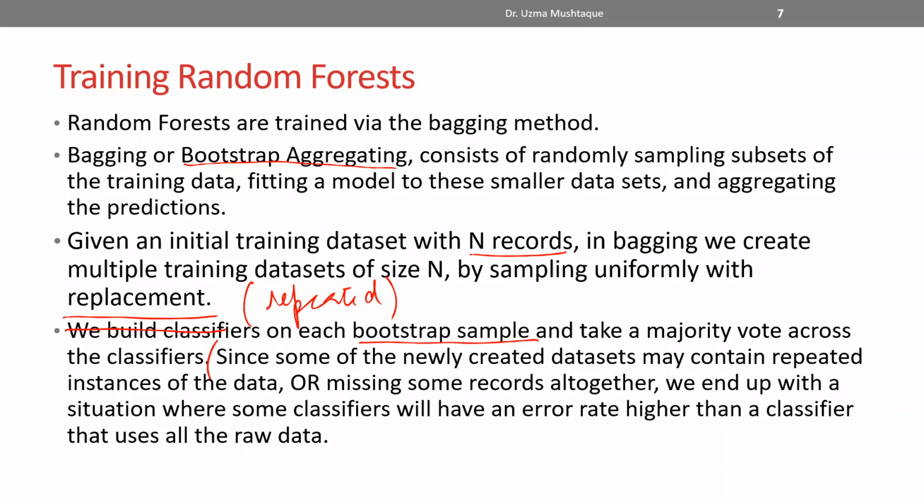Now, since some of the newly created data sets are subsets of the original data set, they can have repeated instances of the data, as we know, or be missing some records altogether. And so some of these trees will give really bad output in terms of accuracy, as compared to the single classifier that we could have built on the entire training data. So this is known. But how is this better than that single classifier that could have used the entire raw data? It is better.